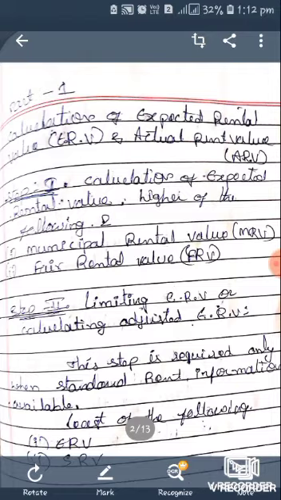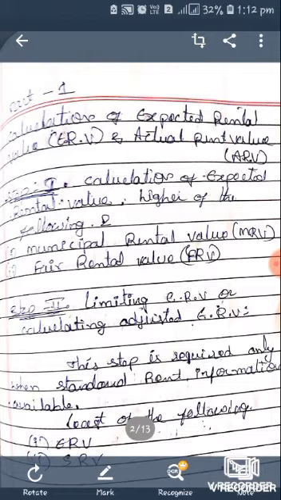For calculating expected rental value, first we have to take the municipal rental value and fair rental value, and take the higher of the 2. Next step is limiting ERV or calculating adjusted ERV.